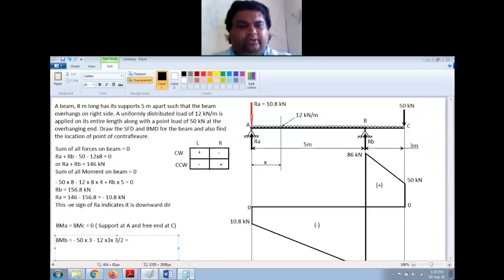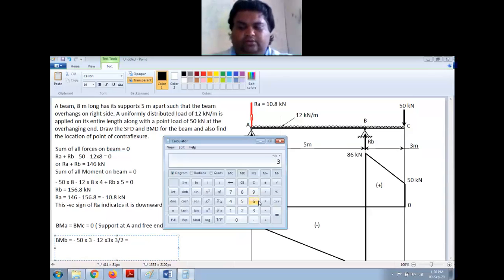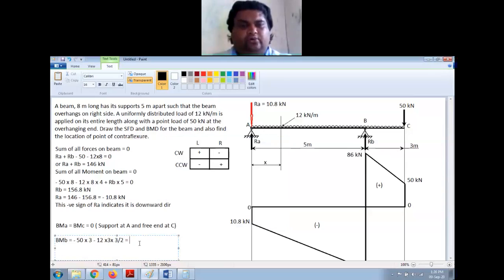So this will be 50 into 3 plus 12 into 9 by 2. 204. This is minus 204 kilonewton meter.